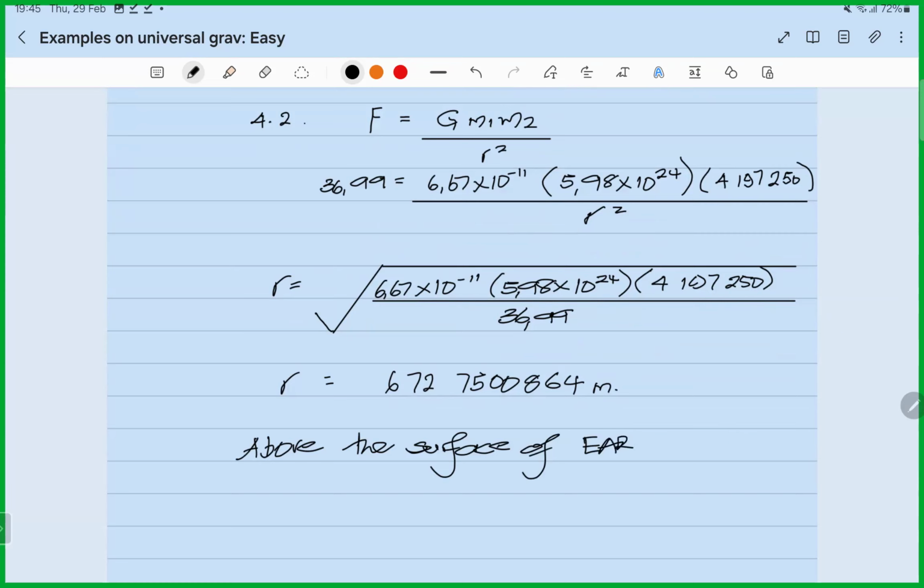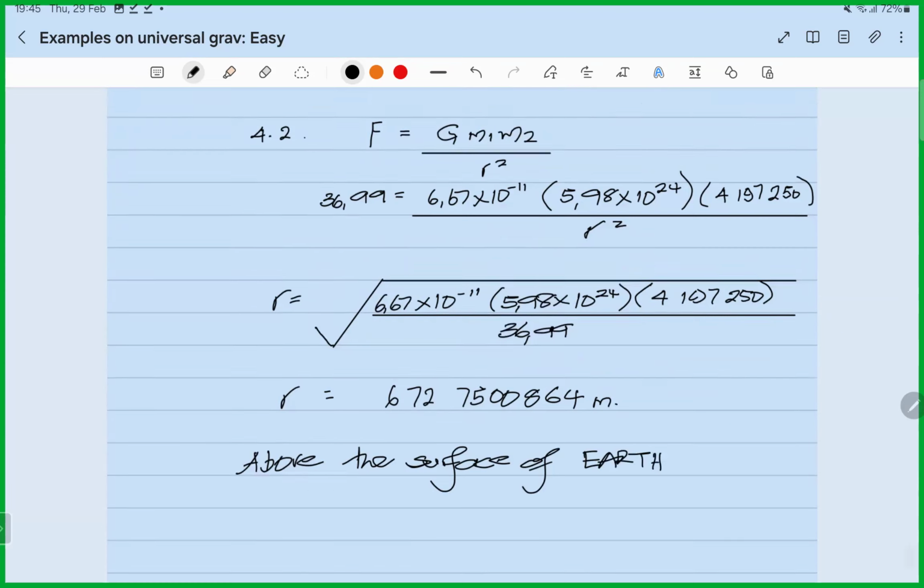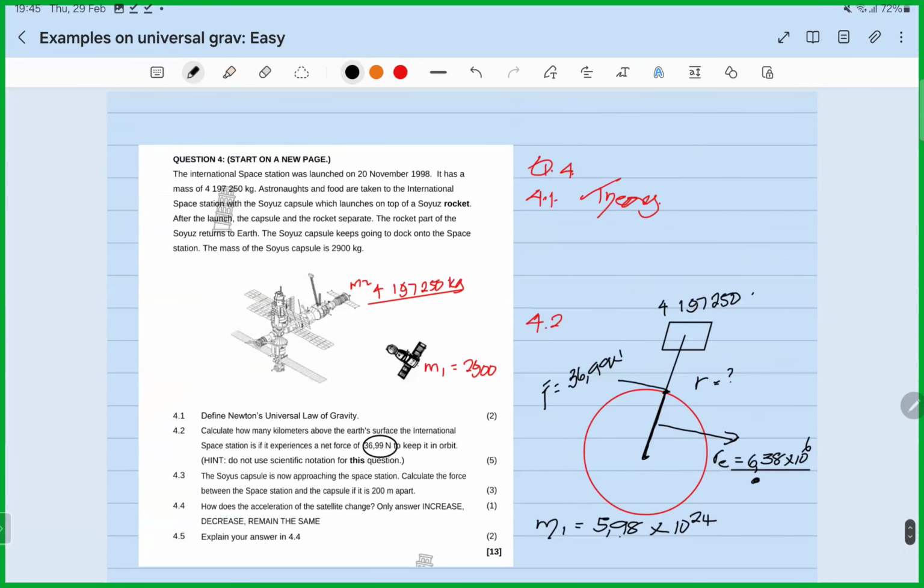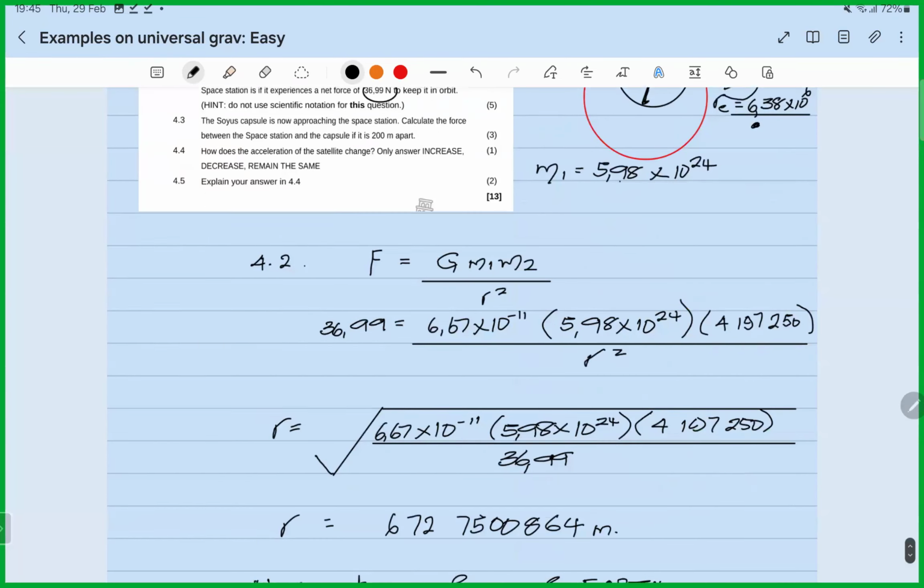Remember, to work out the distance from the surface of the Earth to where this satellite is, we have to take away the radius of the Earth, because what we've calculated is the entire distance, including the radius.